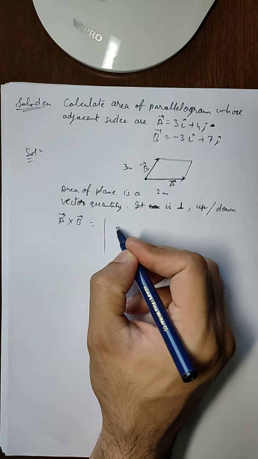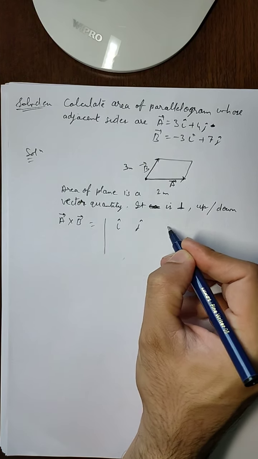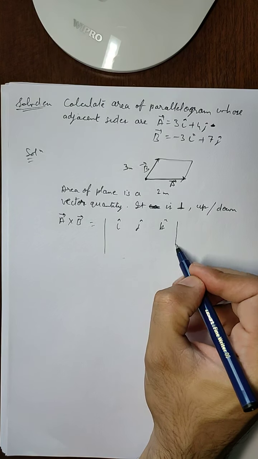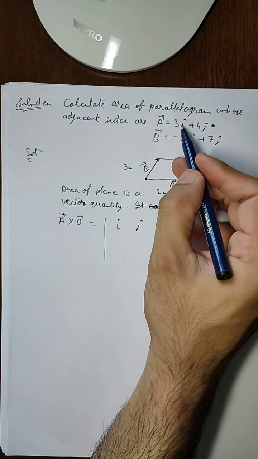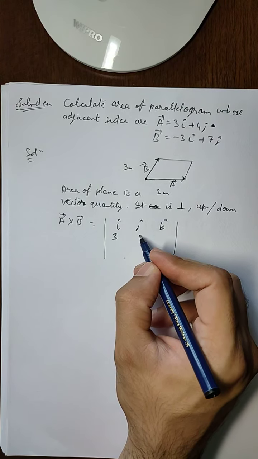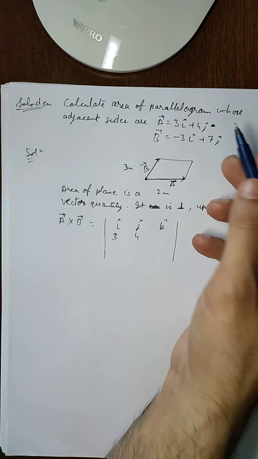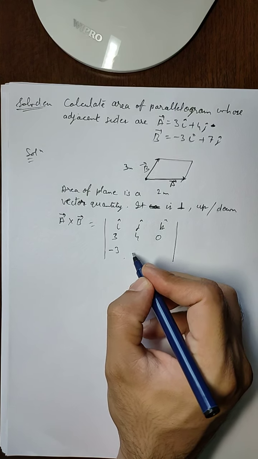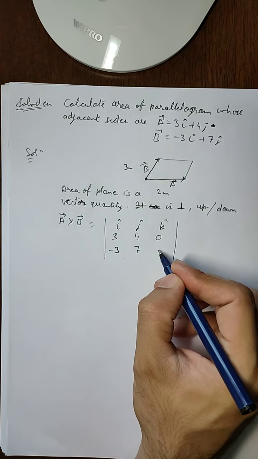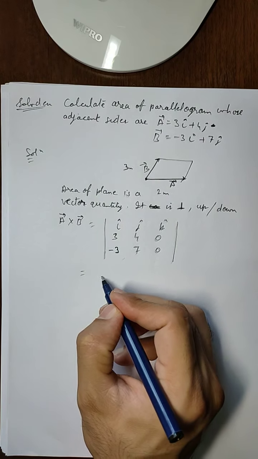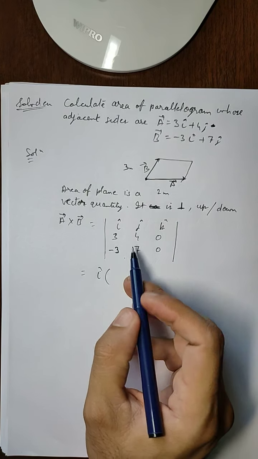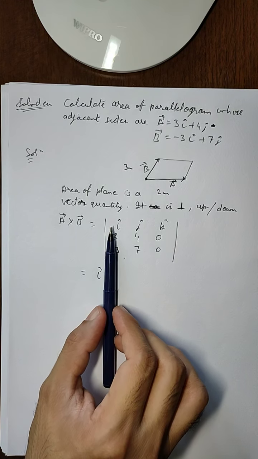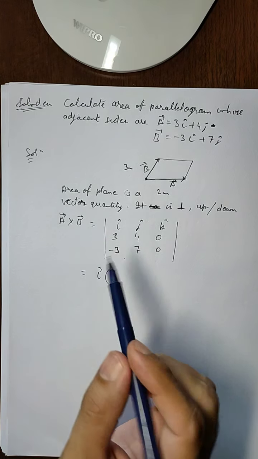Now let us quickly do this. We have i cap, j cap and k cap. The first row is 3, 4, and the coefficient of k cap is 0. Similarly the second row is minus 3, 7 and again 0. For i cap, it will be 4 into 0 minus 7 into 0, so it will be 0.